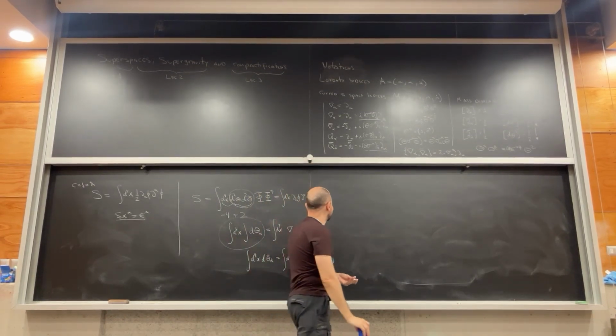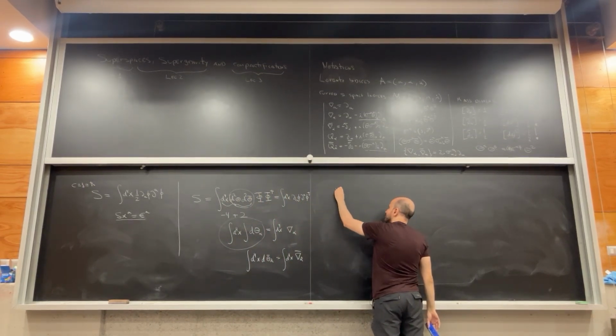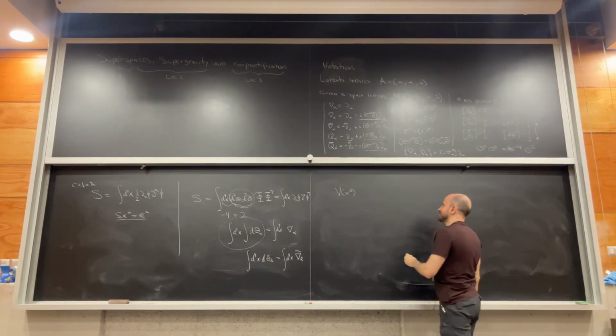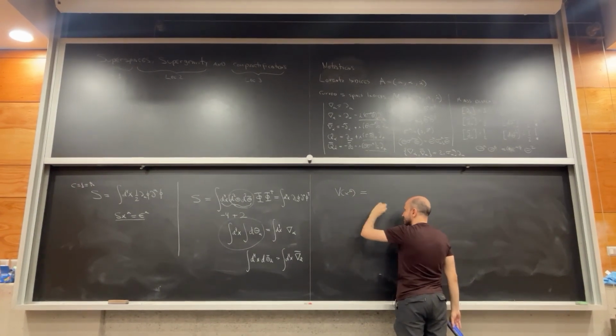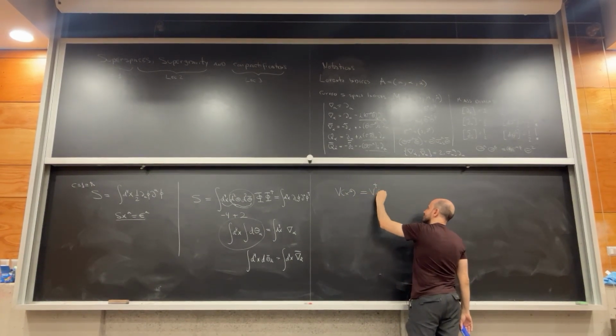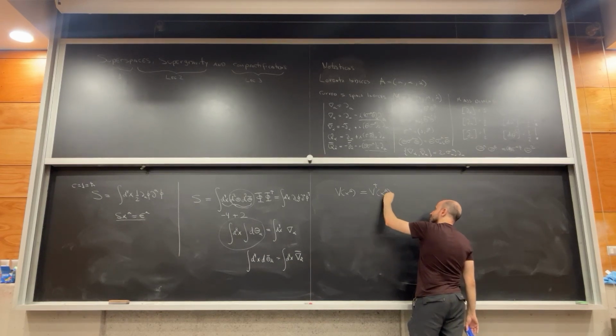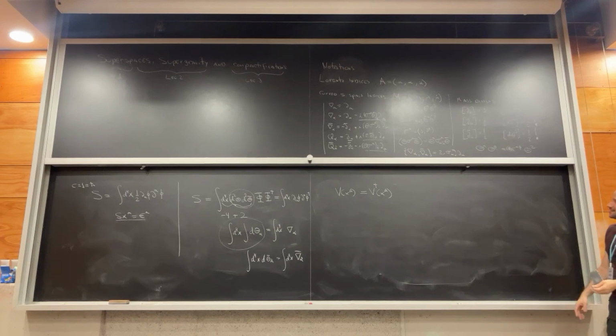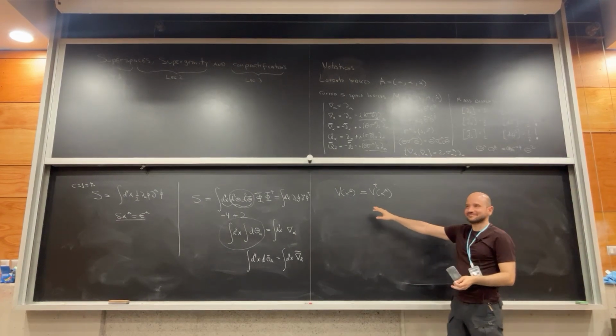Okay, so next to superfield is one that's called a real superfield. It's a superfield that depends on the superspace coordinates and satisfies just a reality condition. That seems to be not enough.